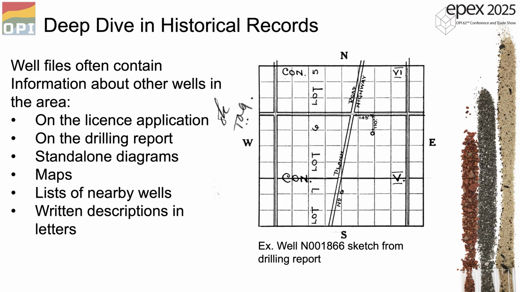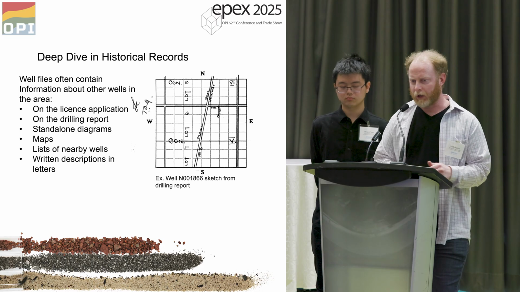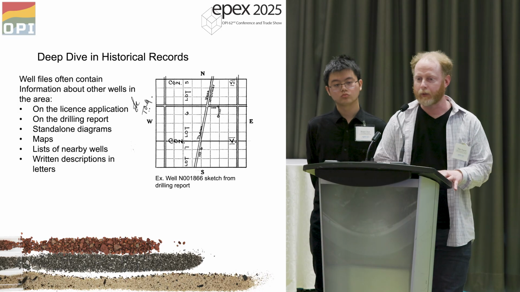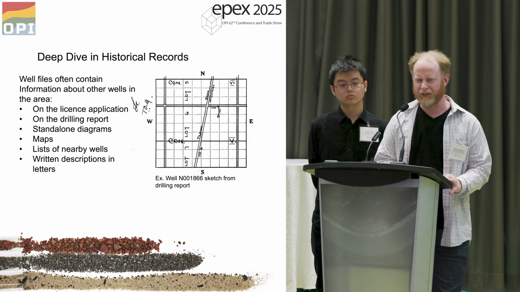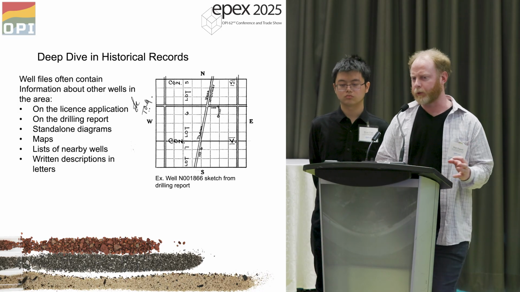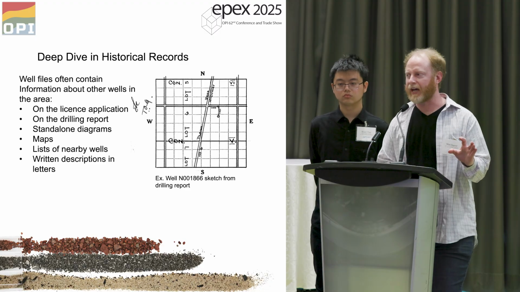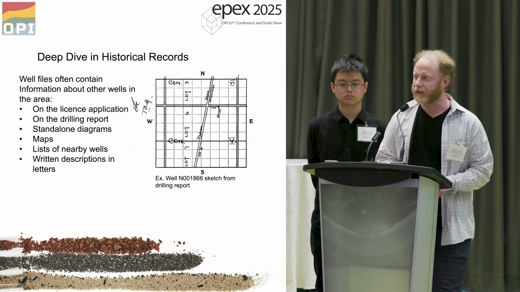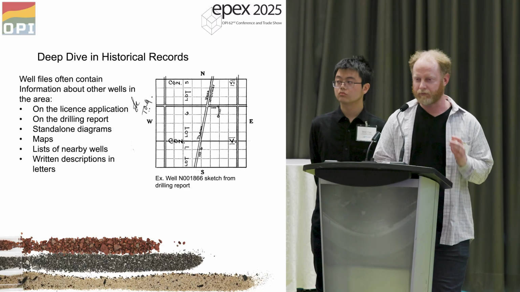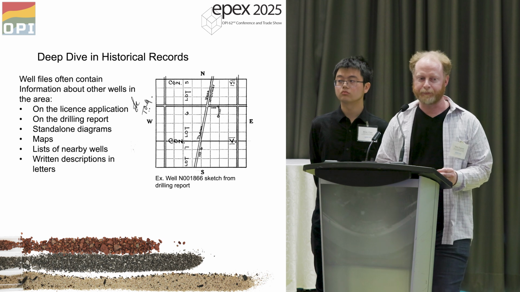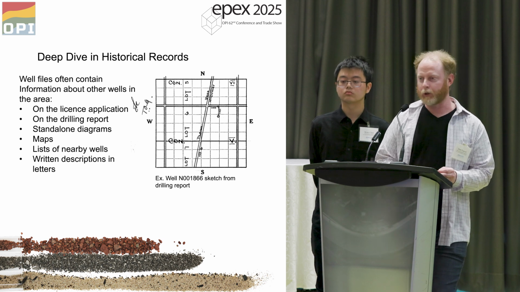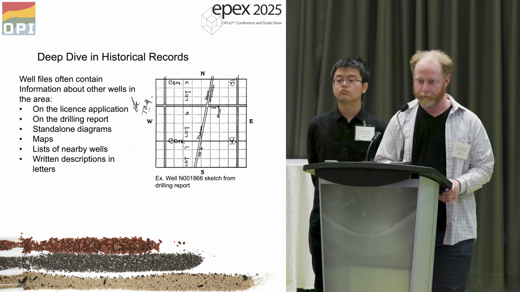So that could be a good source to start looking into for any missing wells. Often the well files contain other lists of wells and noted descriptions that just mention things in passing. Stuff like that is hard to add to the database because it's not very concrete, but it could be a point of interest.